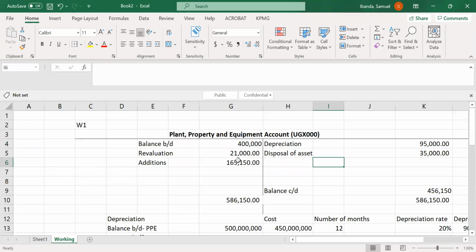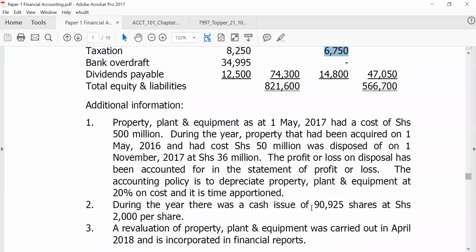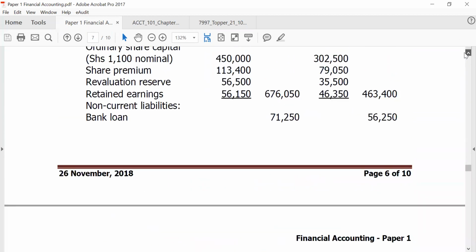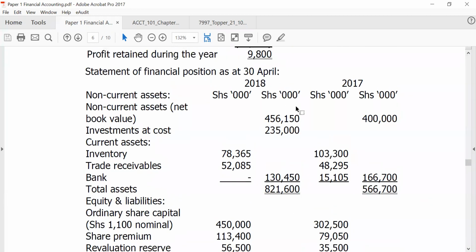So once we have gotten that and we've input it within here, ours is to look around and see, do we have any other item that would go under investing activity? Now we've taken into consideration the interest received and the acquisition. Now, when you also come and analyze your balance sheet here, you see that we have looked at this.